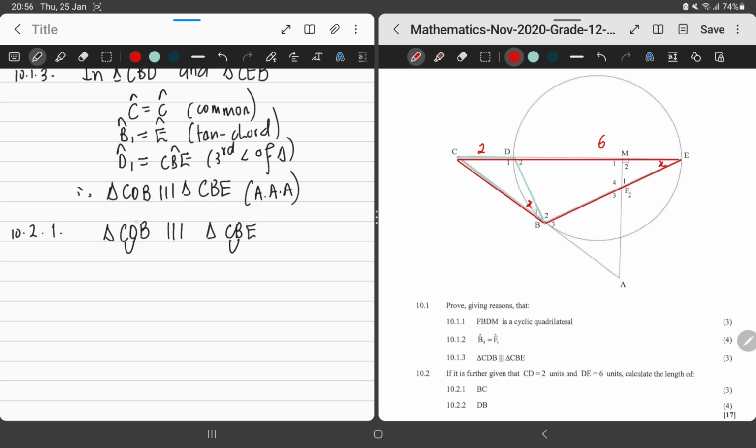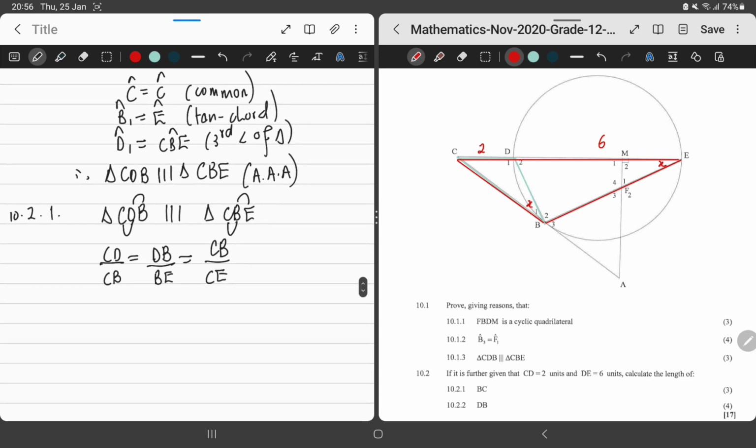This over that is equal to this over that. So CD over CB is equal to DB over BE, which is equal to CB over CE. And then we are looking for CB.